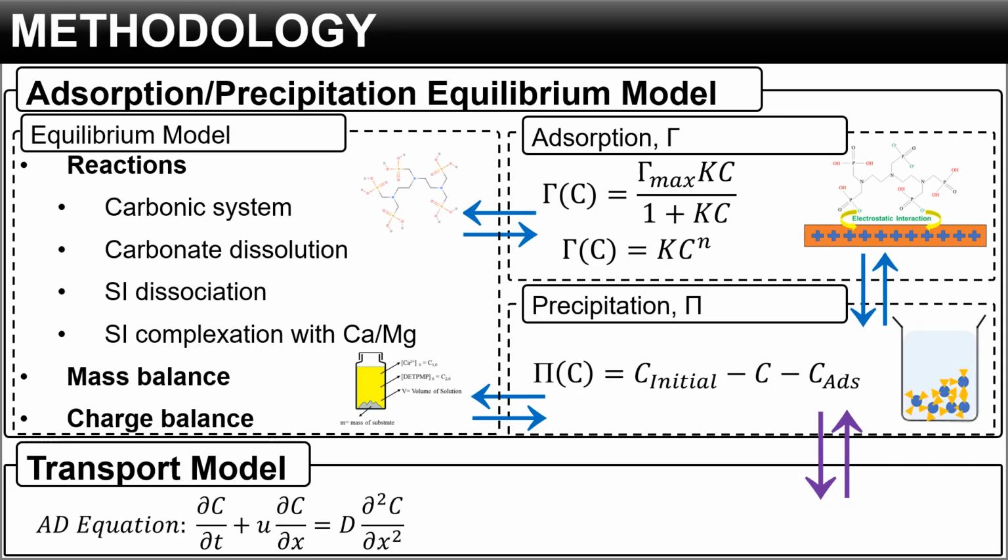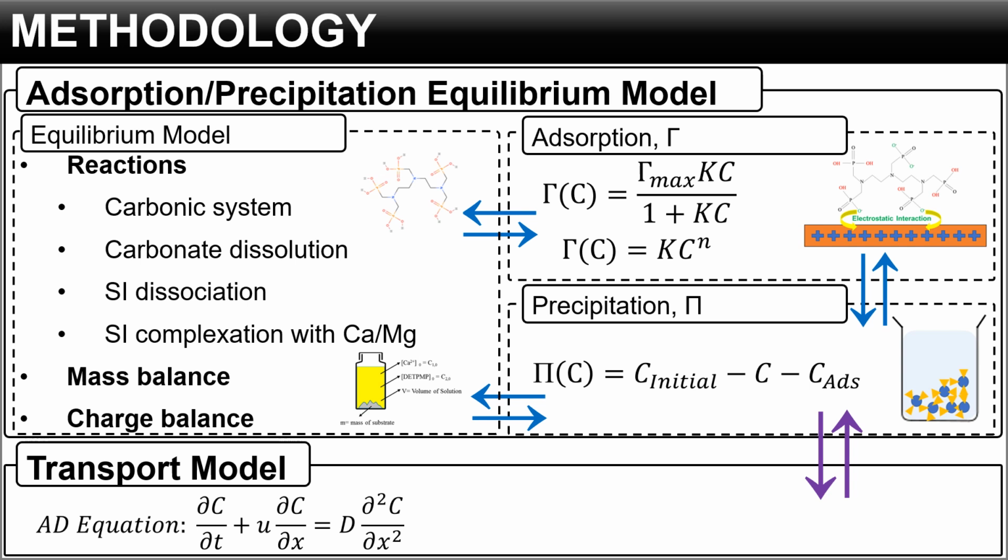Okay, coming to the coupled modeling of scale inhibitor squeeze treatments. First, we need to develop a coupled equilibrium model for the adsorption and precipitation of a scale inhibitor, in which we are considering a system of the scale inhibitor, a brine, and a carbonate, and we are doing the equilibrium in this system.